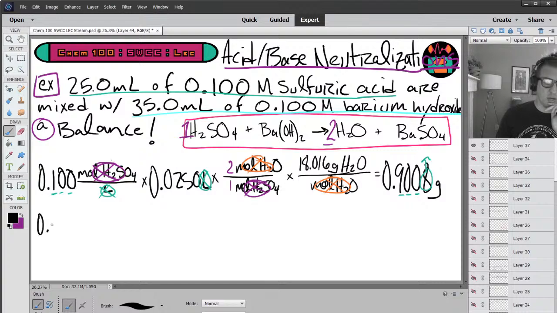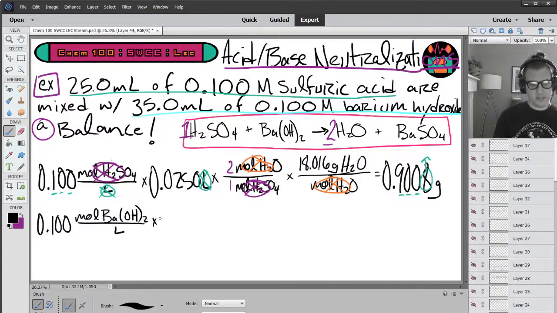So let's calculate this based on the initial amount of barium hydroxide, which is 0.100 molar, times 0.0350 liters. Now liters cancel liters.